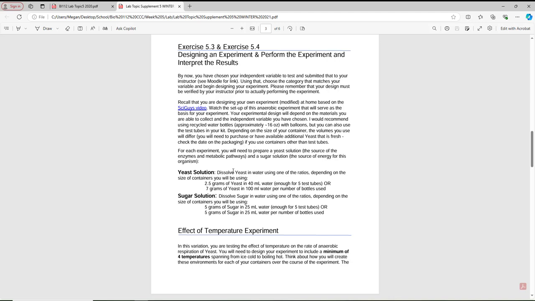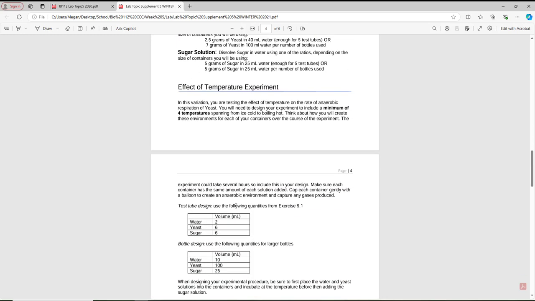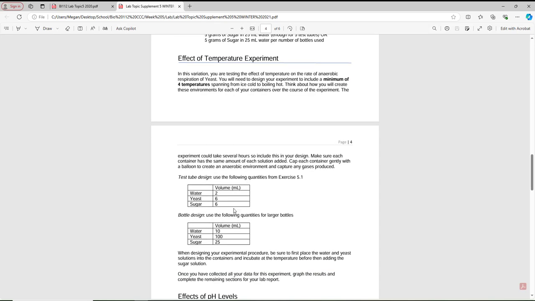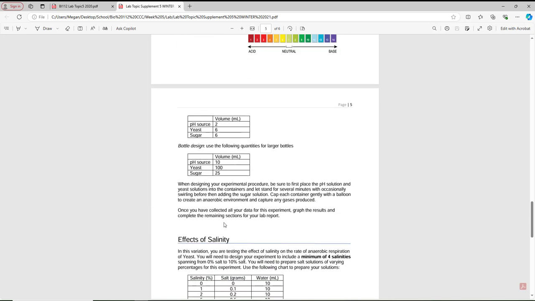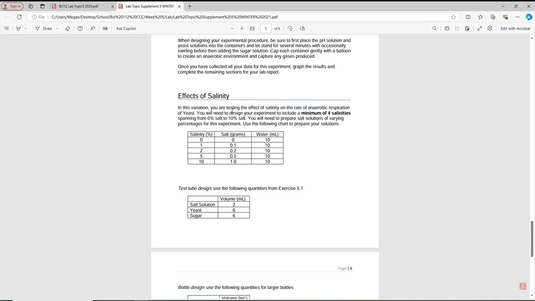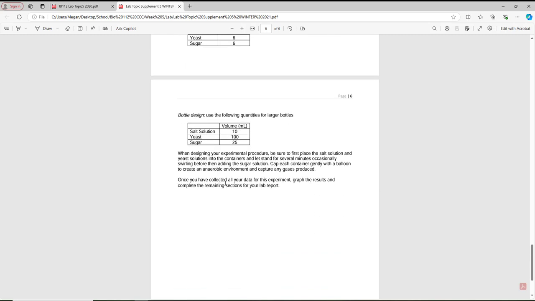So you'll make a yeast solution and a sugar solution, so just table sugar. And then depending on which variable you chose, we have the effect of the temperature experiment, so here's your directions for that. We have the effect of pH levels, so here's your directions for that. And then the effect of salinity, so here's your directions for that.